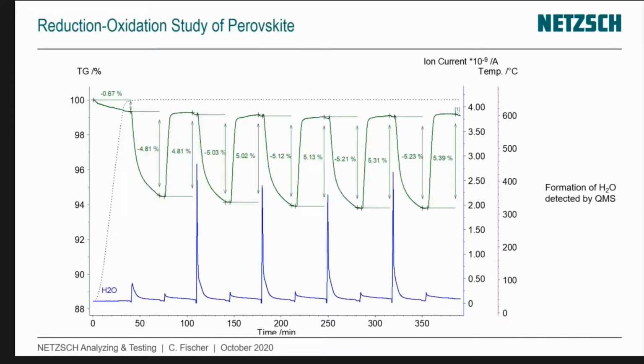Additionally, the creation of water could be detected for every reduction step. As soon as hydrogen was applied, oxygen was released, which resulted in the release of water with mass number 18, which you see in the blue curve. And this blue curve is then in good relation with every mass loss detected.